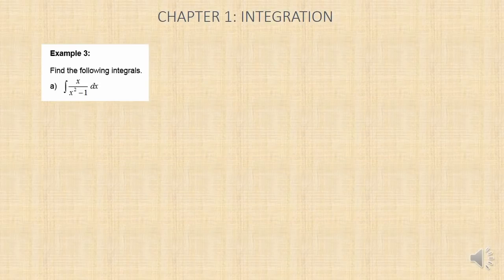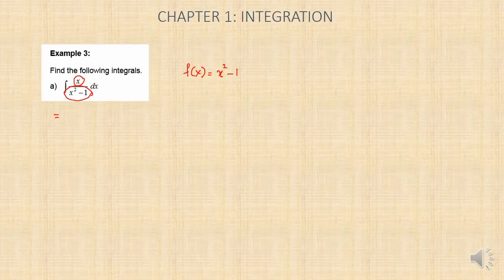Okay, now we look at example 3. Find the following integral. From this integral, I can see that x is a result of differentiation of x squared minus 1. So let's say we have fx as x squared minus 1.